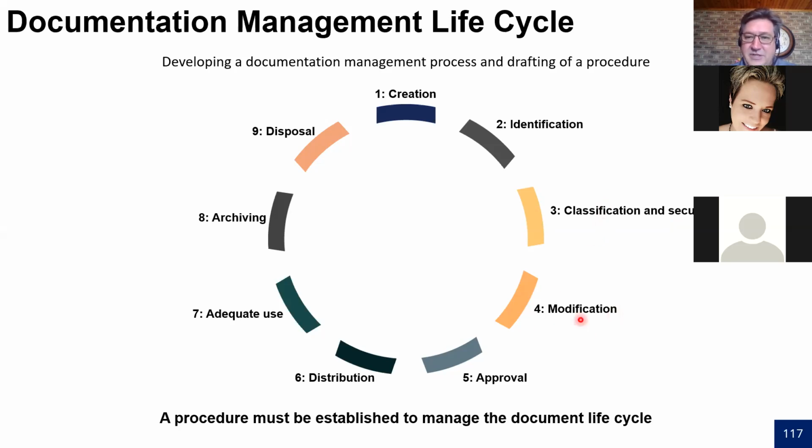Then we're looking at modification. How do you modify a document that is already in existence, and what is the process there? Then the process of approval. What are the levels of approval that you've got there? Is it a 3-level approach? And we are speaking here also about combined assurance. In another webinar, I will give you a diagram of combined assurance on an X and a Y axis, where you can see approval coming from operational level, going through to your exco and the board for approval.